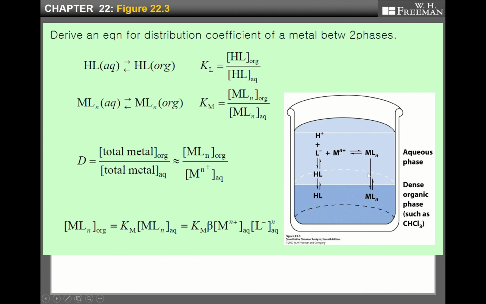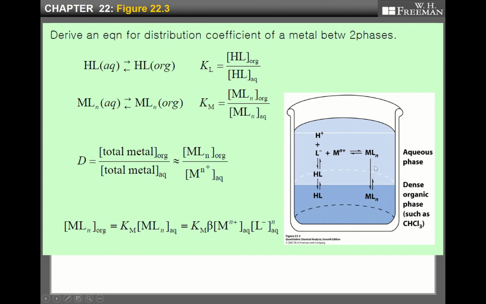The total metal concentration in the organic phase is only MLn, right? But in the aqueous phase, there are two species that contain metal: M and MLn. But as the arrows indicate, this metal-ligand complex mostly exists in the organic phase.